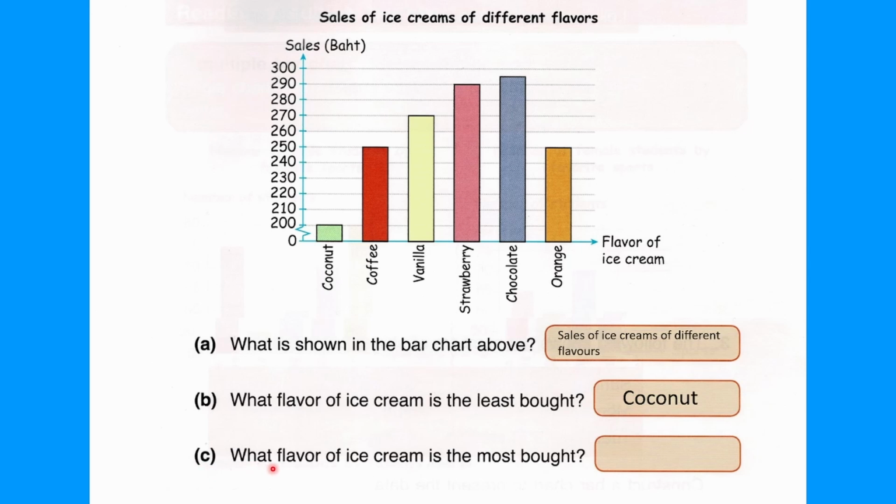C, what flavor of ice cream is the most bought? Most is the highest, the opposite of least. We already know chocolate is 295. So the answer for C is chocolate.